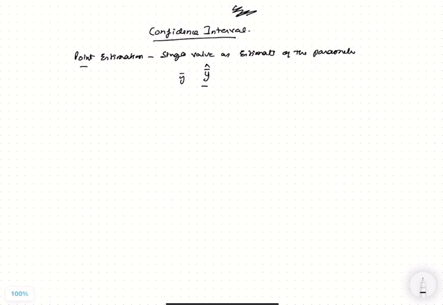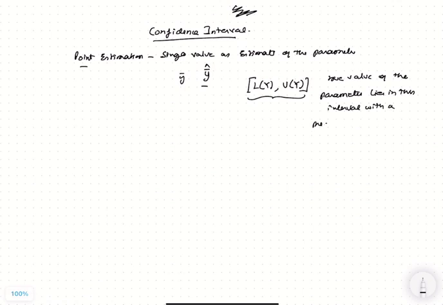But we can also give an interval estimator in the form of lower y comma upper y, such that the true value of the parameter lies in this interval with a certain predetermined probability.